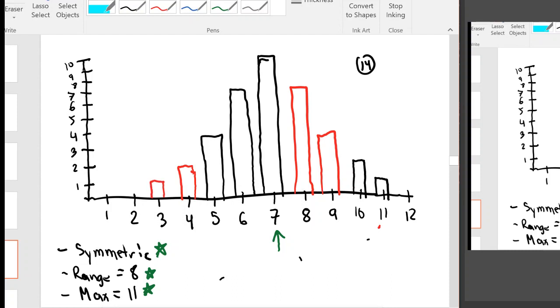Now the other thing is to determine whether there are any other values. They told me the maximum value is 11, so I know it can't go above 11.